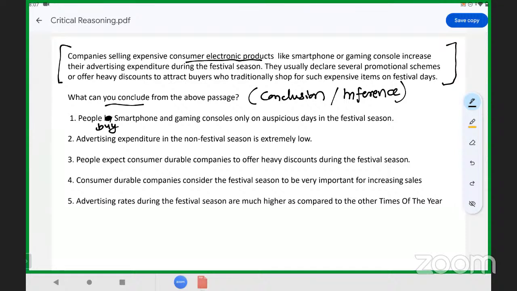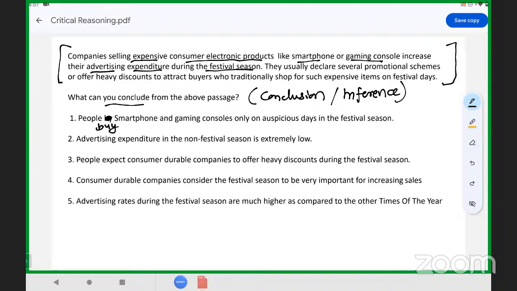The products are smartphones and gaming consoles. Now, the company increases its advertising expenditure during the festival season on expensive consumer electronic products like smartphones or gaming consoles.